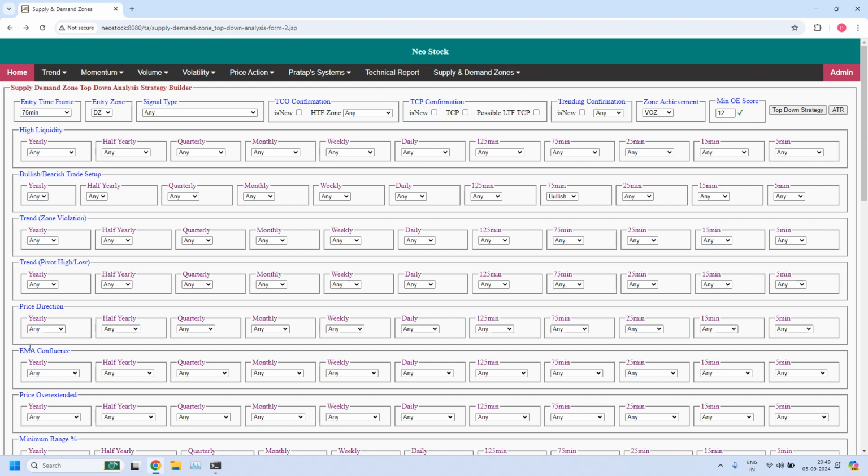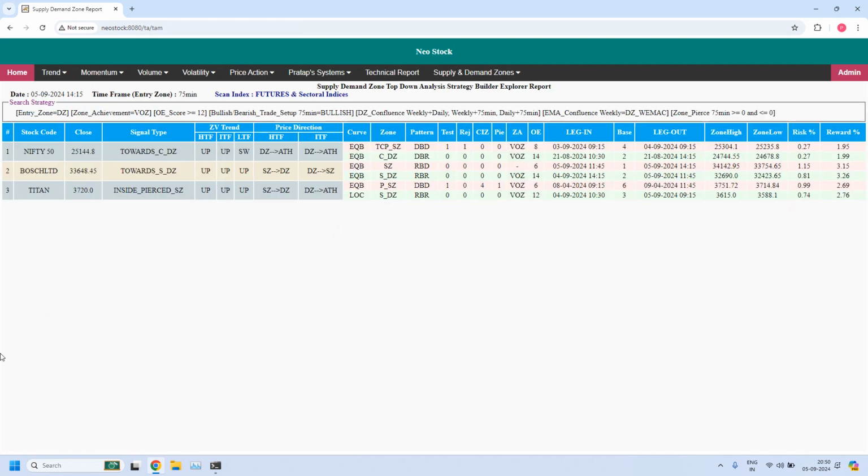So what I am going to do in the EMA confluence, weekly time frame, weekly demand zone with weekly EMA confluence. Because LTF, ITF are part of weekly, that's why we are checking weekly demand zone with weekly EMA confluence. Out of 4, 3 stocks are filtered. So all these 3 stocks are currently supporting high probability trade setup, the demand zone confluence.